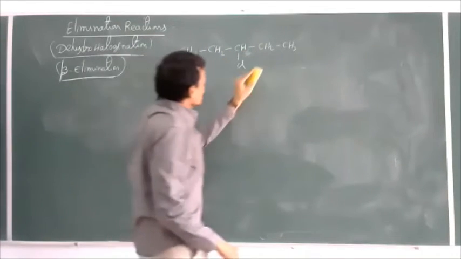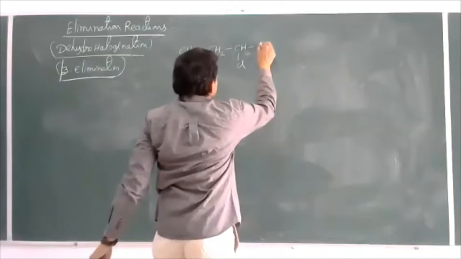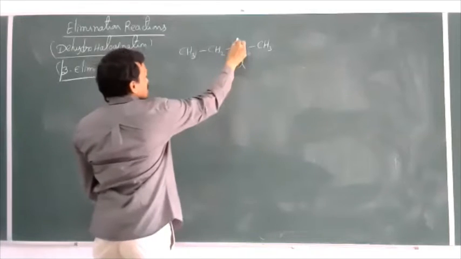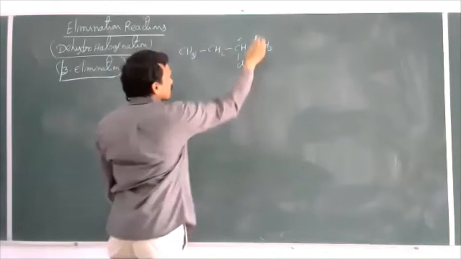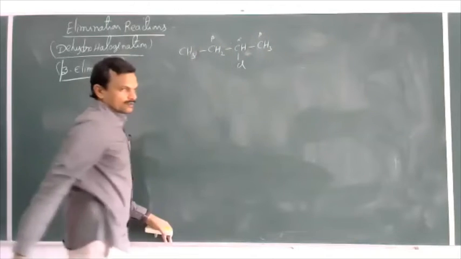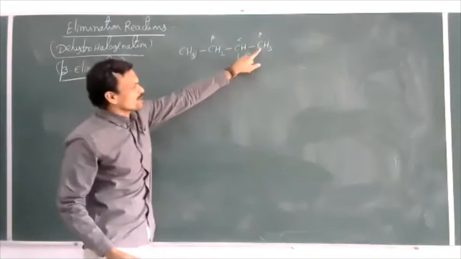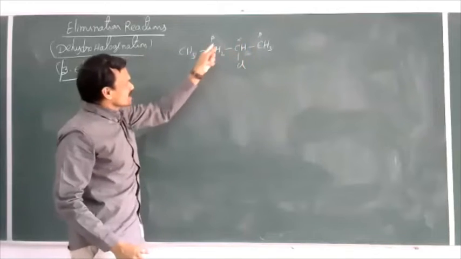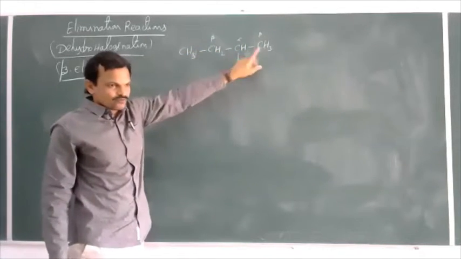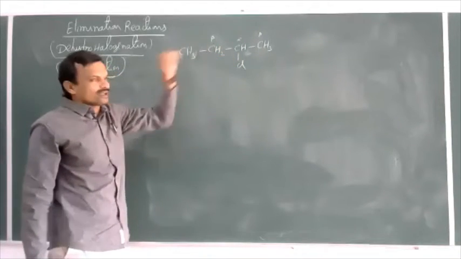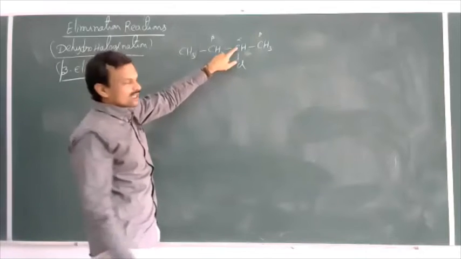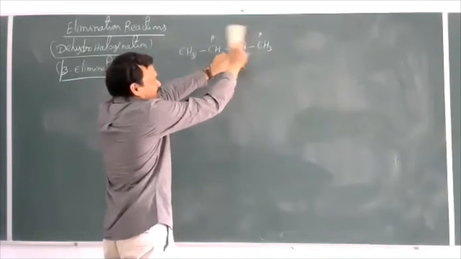Now instead of this, if I take the molecule like this, this is the alpha carbon. This is the beta carbon. This is also a beta carbon. Here the beta carbon is a methyl group, whereas here the beta carbon is a methylene group. Both are same or different? Different. Now this is an unsymmetrical haloalkane. That means the halogen-attached carbon is bonded to two different alkyl groups.